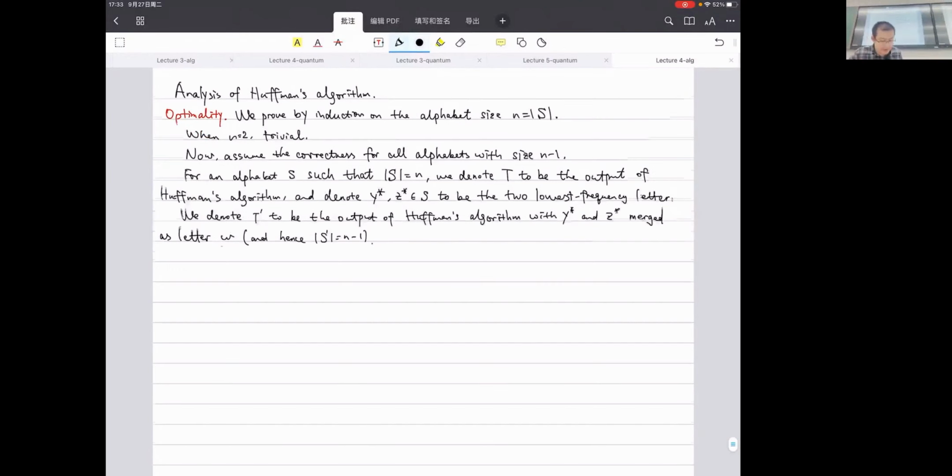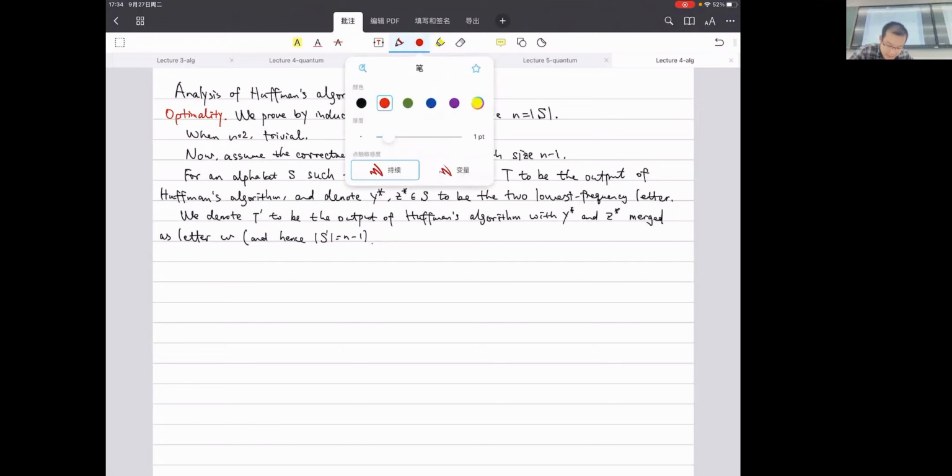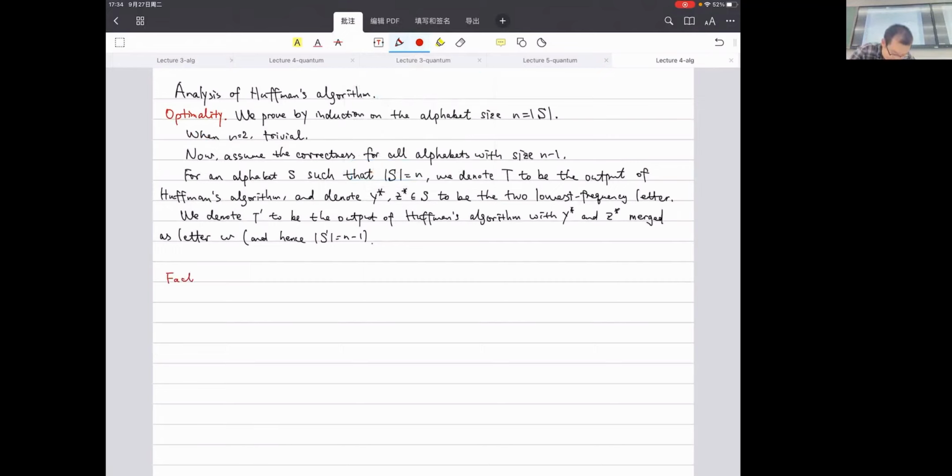So we want to use induction to make the proof here. We want to have a good understanding of the ABL of T prime and the ABL of T and their corresponding relationship. One fact that is not very difficult to imagine, and that we are going to prove rigorously, is that the ABL of T prime equals the ABL of T minus F of Y star plus F of Z star.